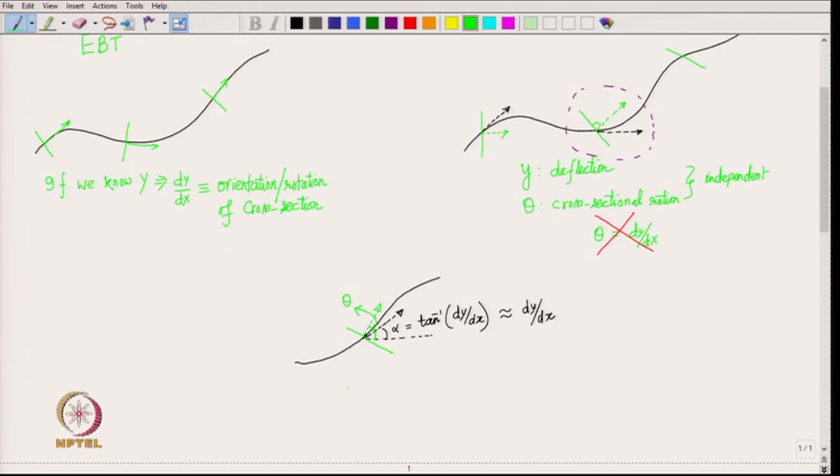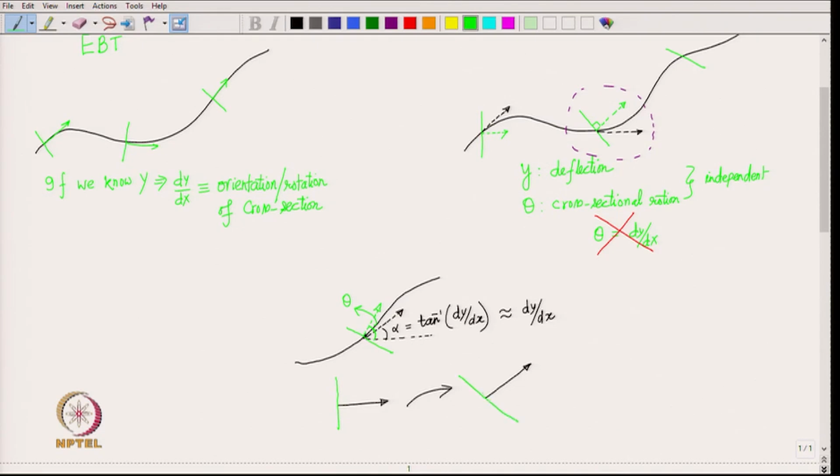That means initially we had the cross section and the tangent. The tangent was horizontal initially and the cross section was vertical if the beam is a straight line, but after deformation the tangent gets inclined and the cross section also gets inclined.